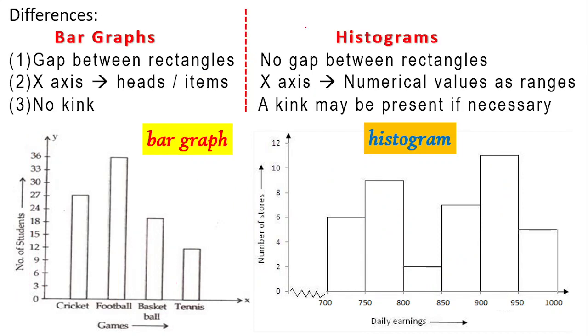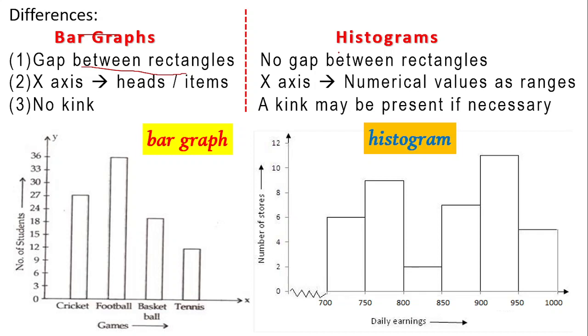Now let us look at the differences. We have given it in a columnar form, the difference between the two. In the bar graph, you have a gap between rectangles.